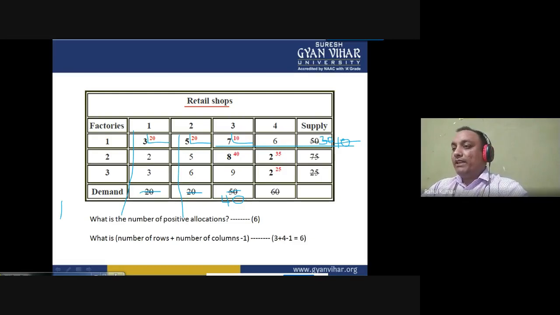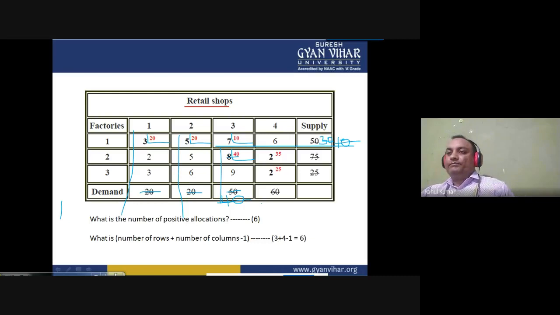The minimum of supply and demand is 40, so take 40 for the allocated row. This 40 and this 40 both cancel out, so this column is cancelled out and vanishes.